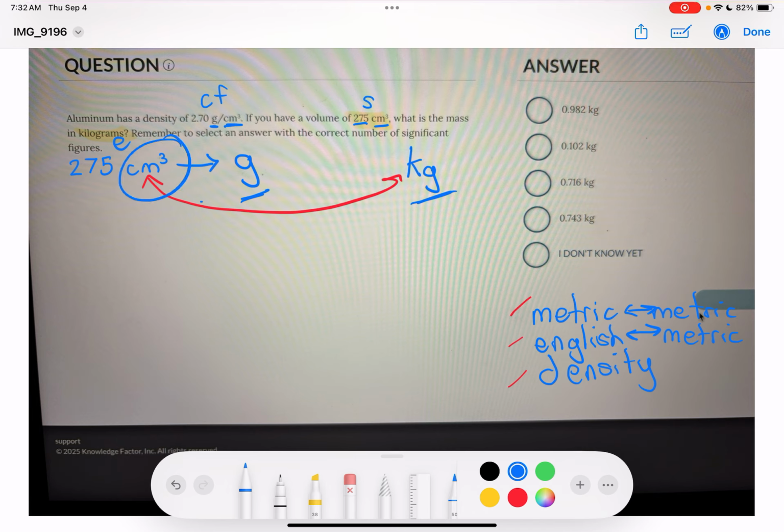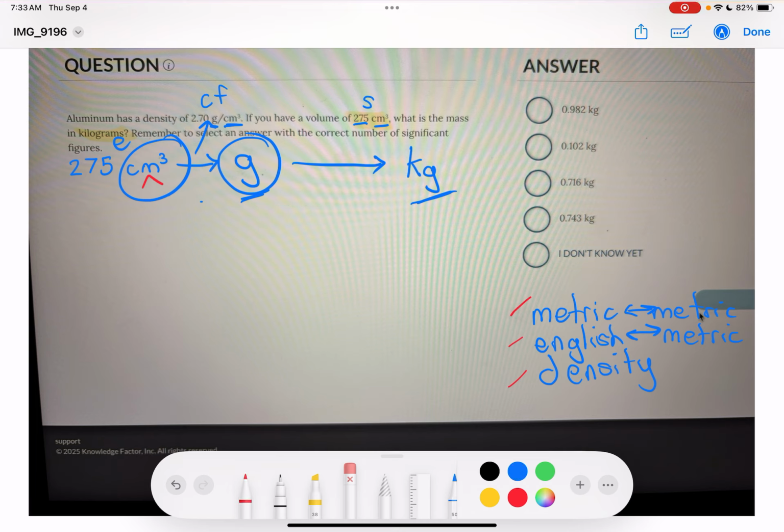So if I'm starting with centimeters cubed, I can easily get to grams using this conversion factor. That's the whole point: if it has those two units, it's a way you can get in between the two. Then I can go from grams to kilograms, which is a metric conversion.